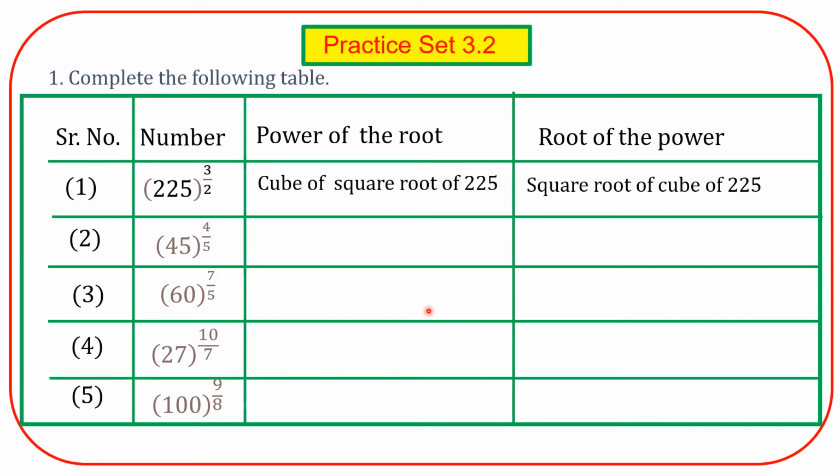Second example, 45 raised to 4 upon 5. What is the meaning? Here the power is the fourth power and the root is the fifth root. How to write? Fourth power of the fifth root of 45. Here first comes the root, that is the fifth root of the fourth power of 45.